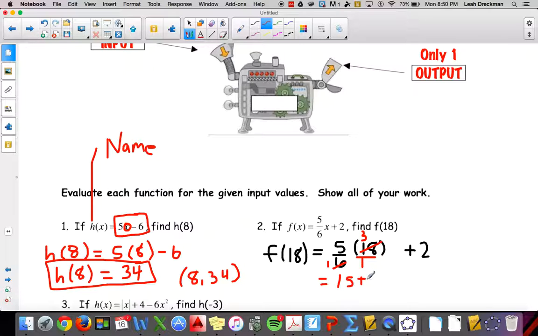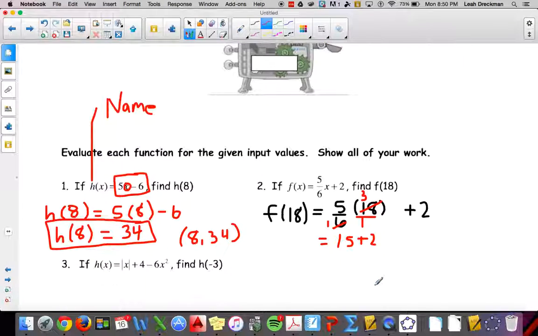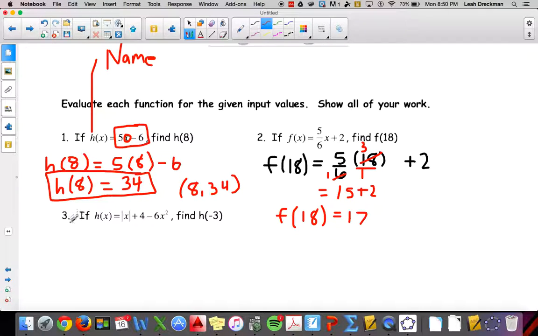Plus 2 gives us 17. So that means f of 18, in other words, an input of 18 into this function, gives me an output of 17. And again, if we were to graph that, when x is 18, that means our y value would be 17.